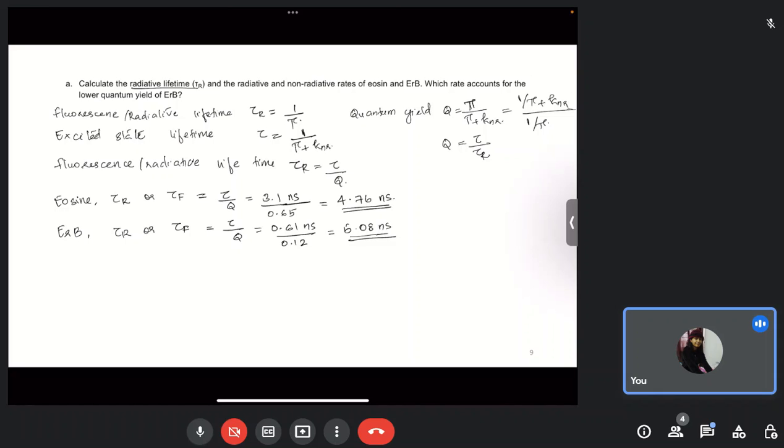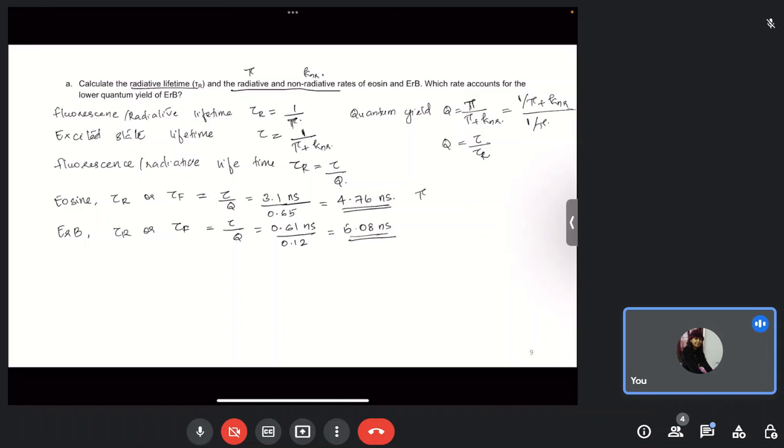Now we have to find out the radiative and non-radiative rates of eosin, which are gamma and kNR. Since we know tau r or tau f, we can find gamma from that directly, right?